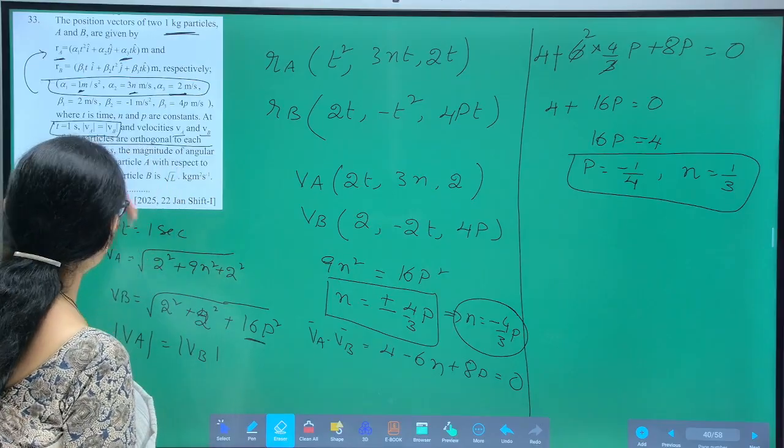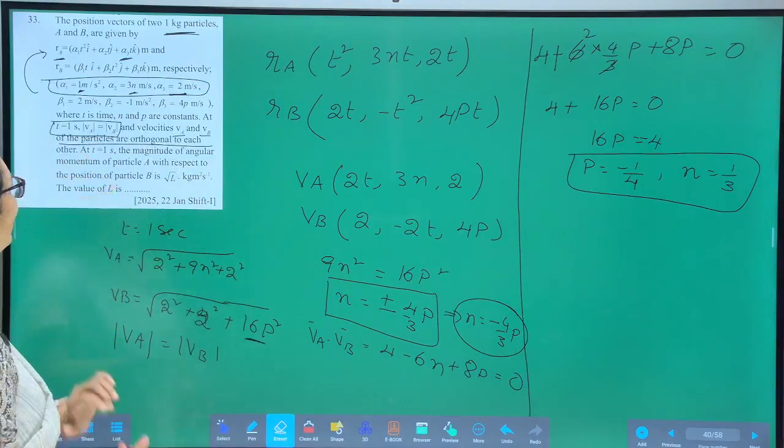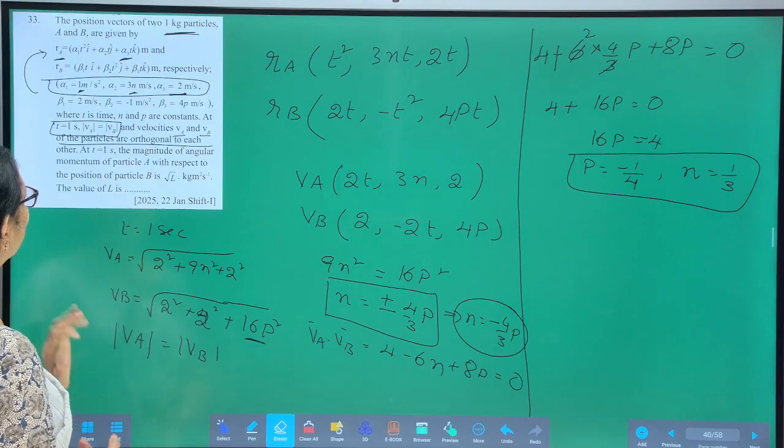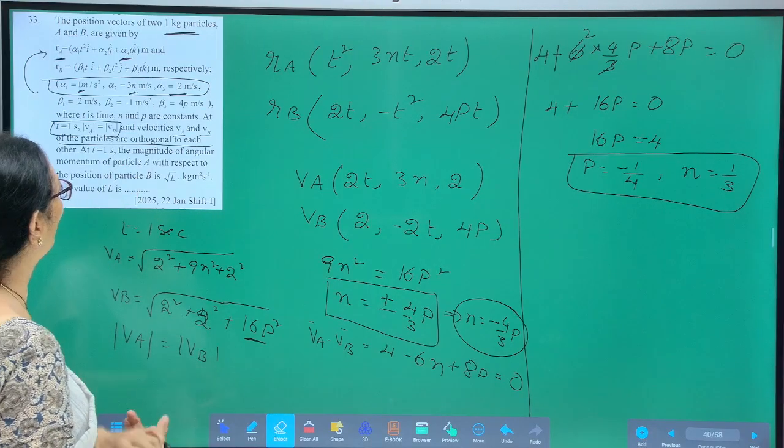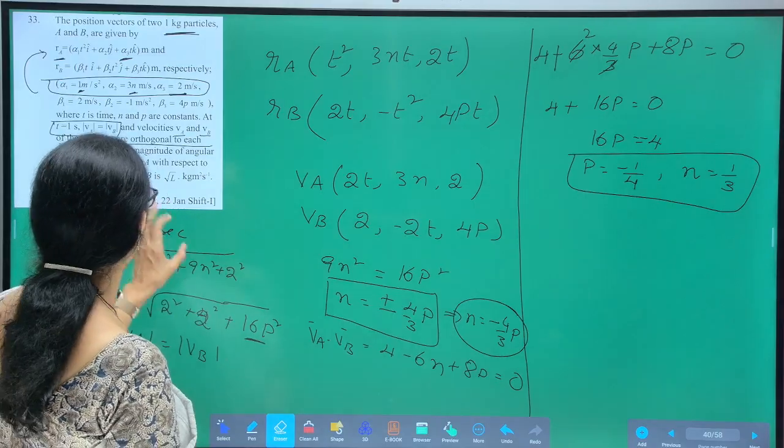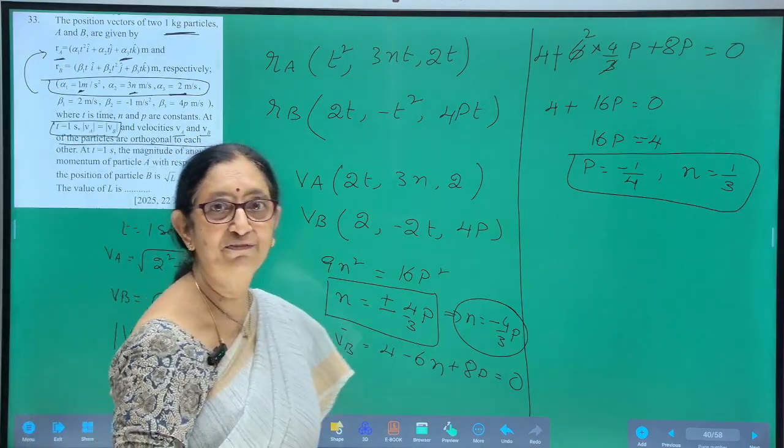Look here. Then what is asked? At t is equal to 1, what is the magnitude of angular momentum of particle A with respect to the position of B?